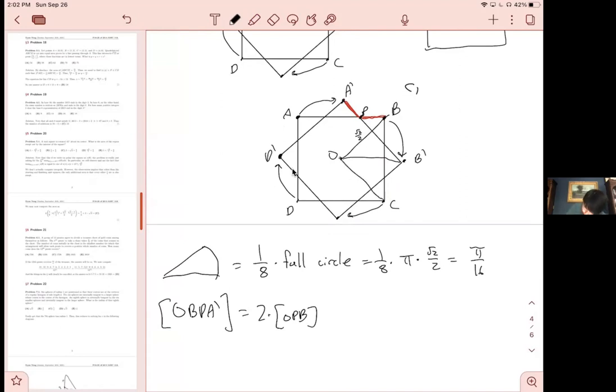Oh, in fact, I found it easier to solve for this area. So I'm gonna change that. So the area of OB prime PC is equal to 2 times the area of OB prime P. And we can solve for the coordinates of P, which will be 1/2 because it's a unit square.